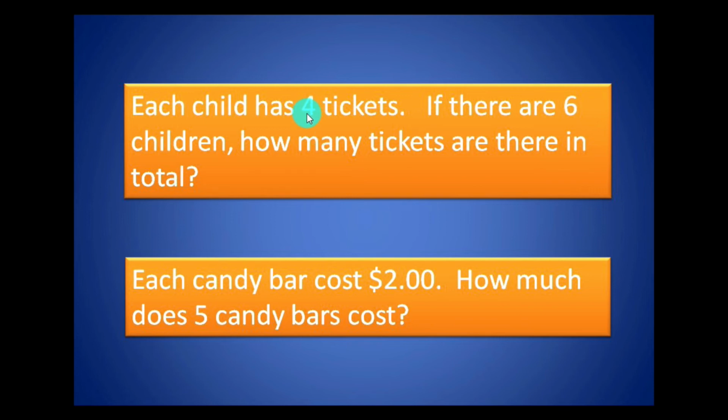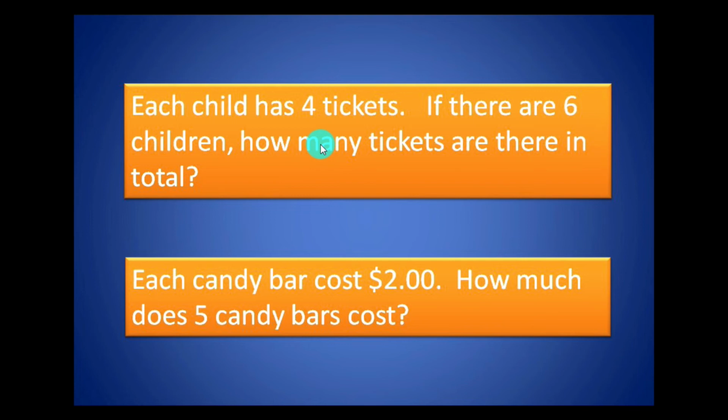If you look at the 4 and the 6, some detectives trying to get past it real quick will say, okay, 4 plus 6, 10 tickets. That would be incorrect, because each child has 4 tickets, and you've got 6 children. So you're looking at 4 times 6. If you know your multiplication facts, you would know that instead of 10 tickets, you're looking at 24 tickets.